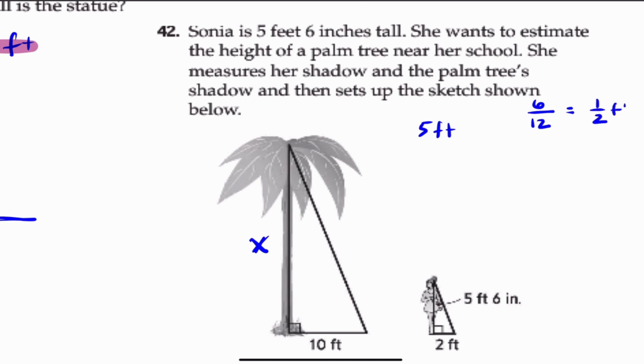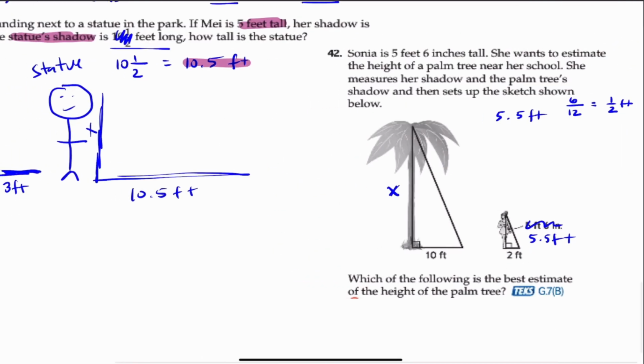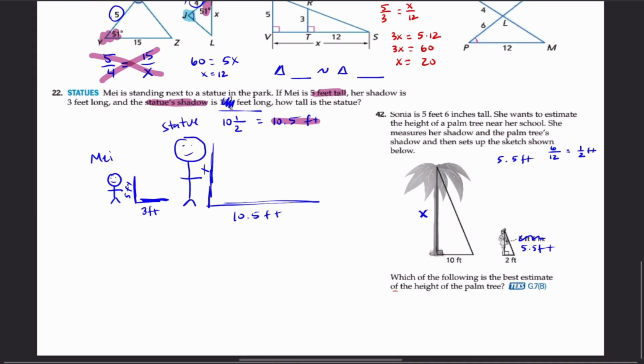So now I have 1/2 foot, so it's 5.5 feet. Now it's converted from inches to feet. Okay? Then go ahead and create your proportion and solve for x for that one as well.